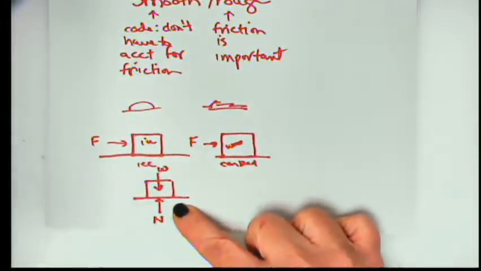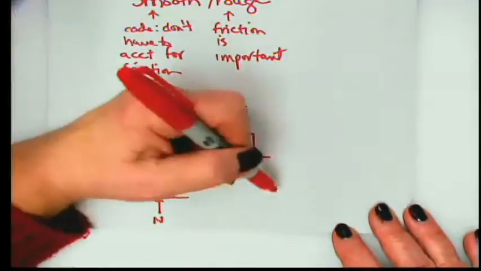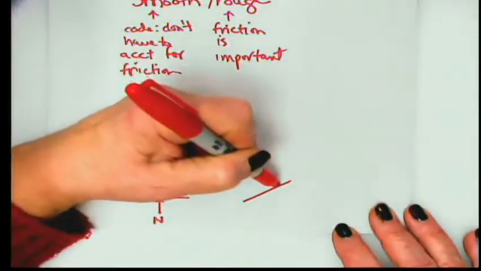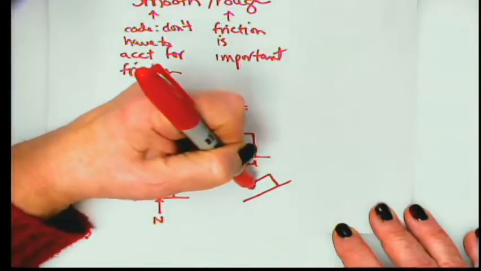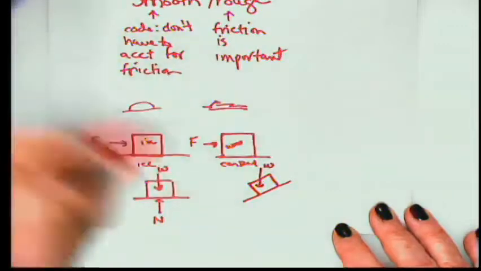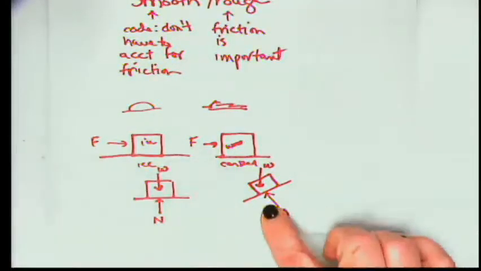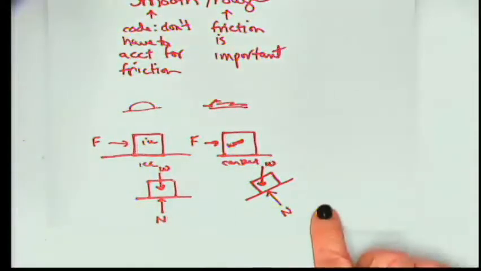So in a case like this, where the surface of contact is horizontal, the normal force will be vertical. However, if we have a block sitting on an inclined plane, the weight is still pushing downward, but the normal force in this case is pushing perpendicular to the surface of contact.